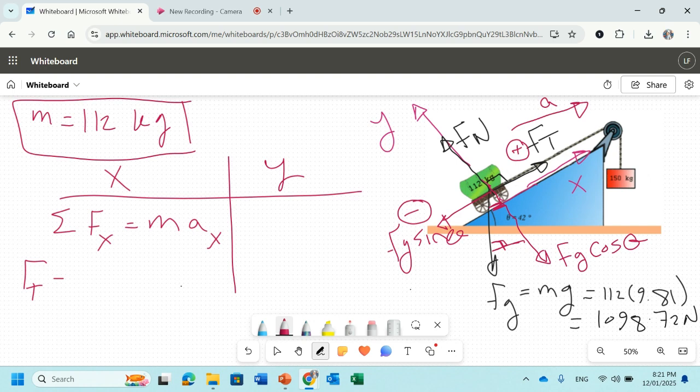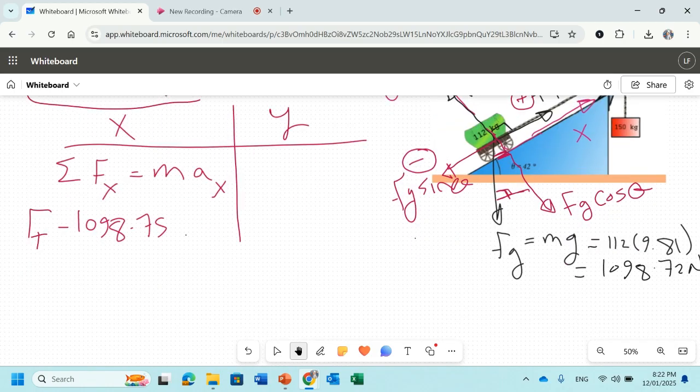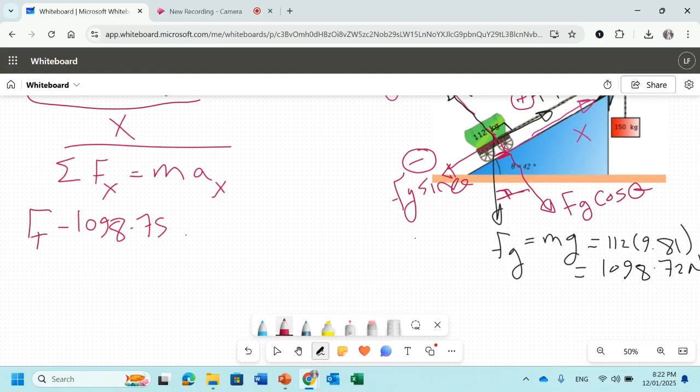Fg is 1098.75 times sine 42, and this will equal ma.